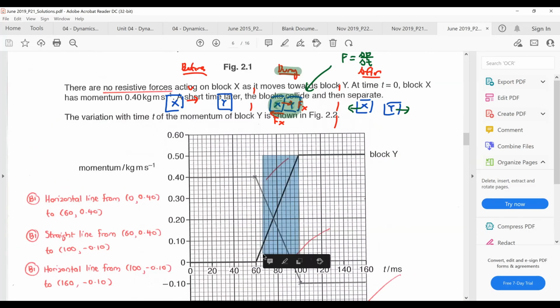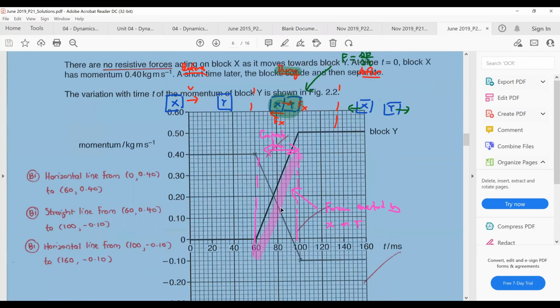Okay, just now I mentioned to you, when you see your momentum change here, this is the part where you are in contact. So this is the part where you have force, the force exerted by X on Y.